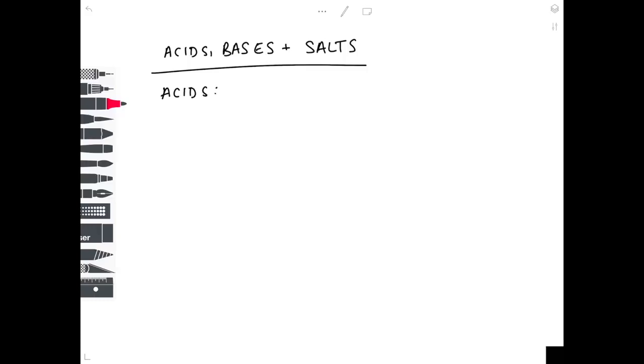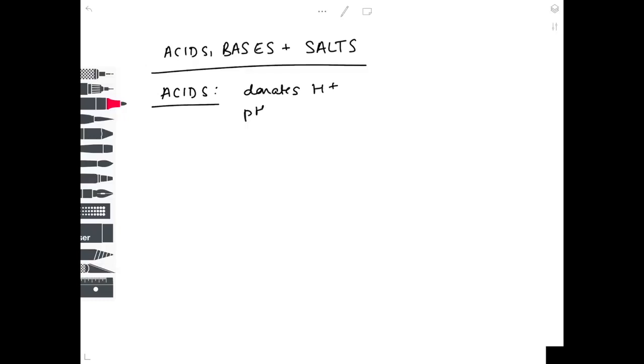Let's look more closely at the topic of acids, bases, and salts. Now, first of all, we need to start by listing the properties of acids. Now, we know an acid donates hydrogen ions.